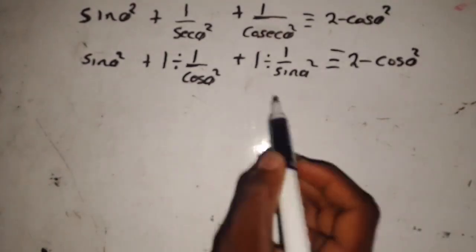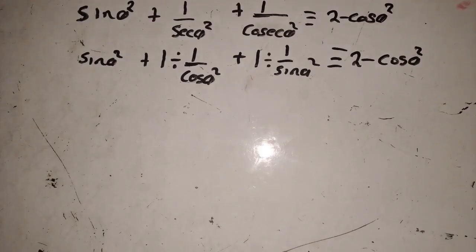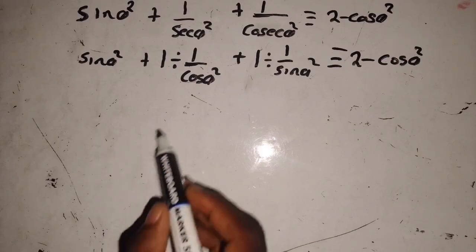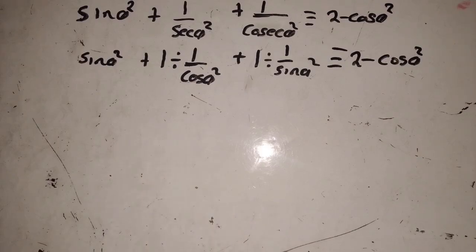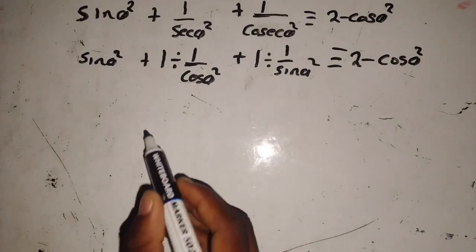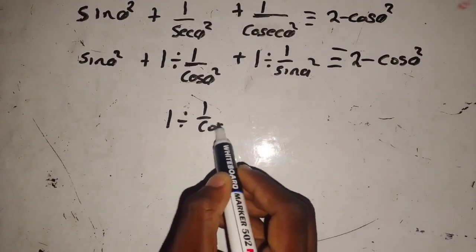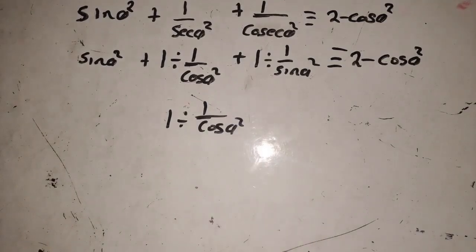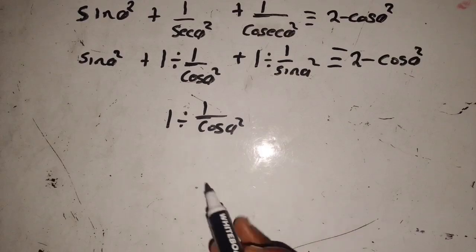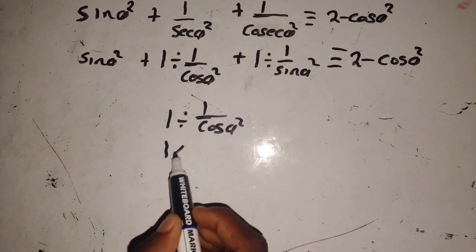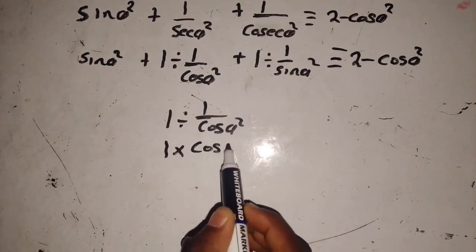Having reached this side, we know that when dividing by a fraction, the division sign changes to multiplication, and the numerator and the denominator swap. So we have a situation like this: 1 divided by 1 over cos theta squared. This can also be written as 1 multiplied by cos theta squared.